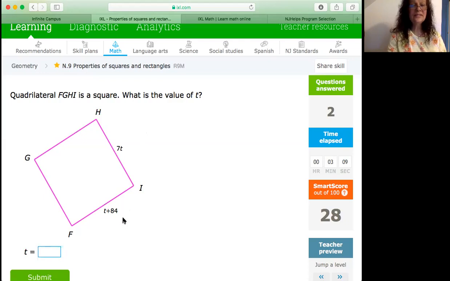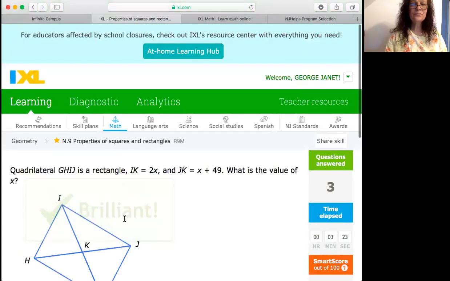Then you subtract T from both sides, so you get 84 minus 70, which is 14, so T is 14. All right.